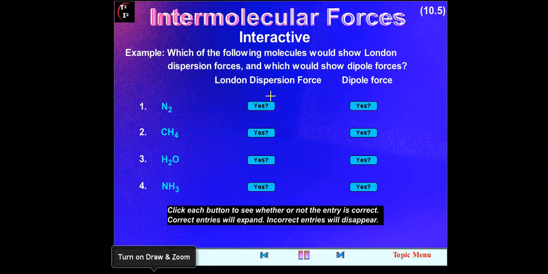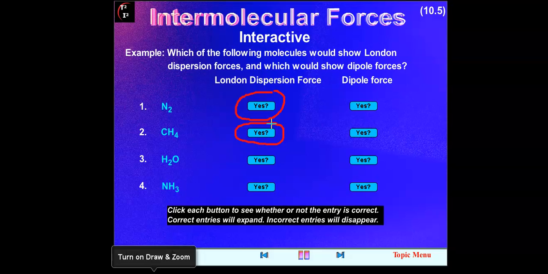All right, for nitrogen we will go for London dispersion forces, because it doesn't have a positive or negative pole, so it's not going to be dipole forces. Then methane doesn't have polarity too, no north and south or positive and negative. It's still going to be London dispersion forces.